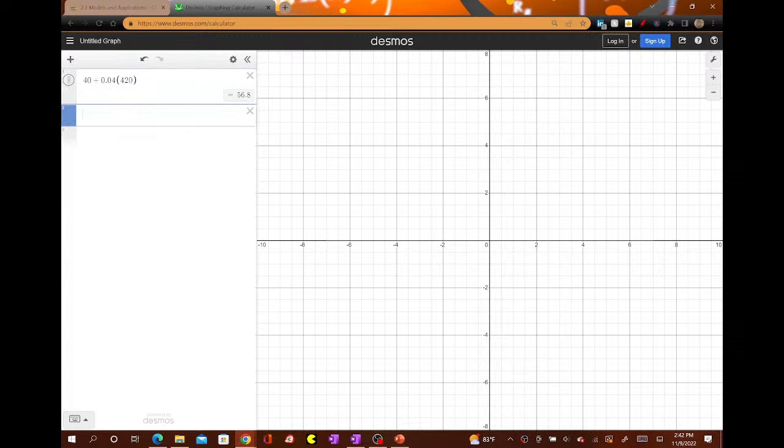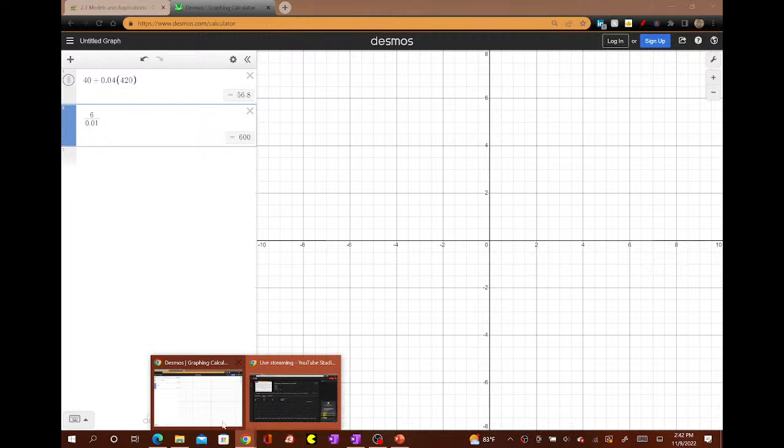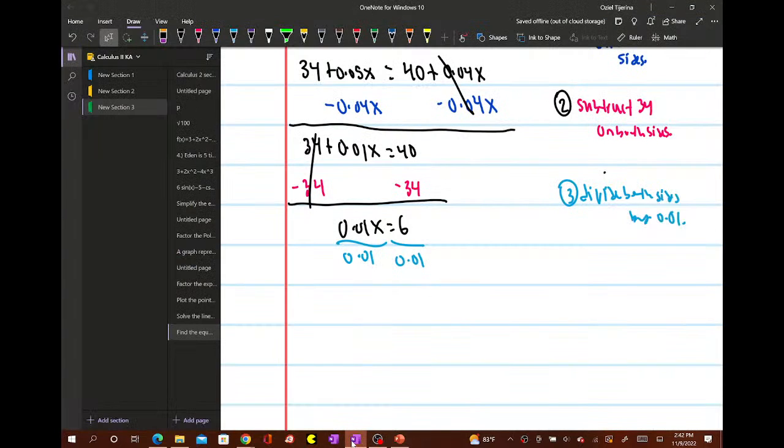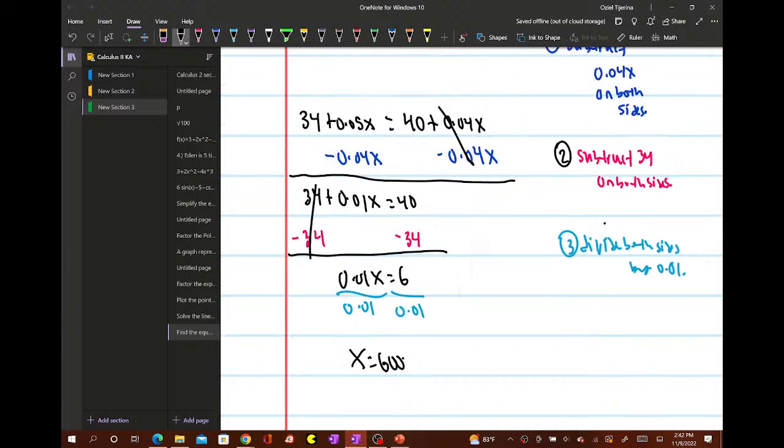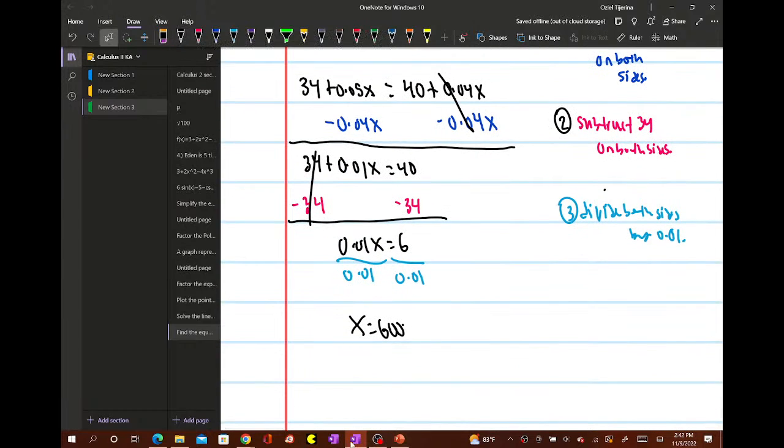If we go back to our calculator, 6 over 0.01 is 600. So x would be 600.